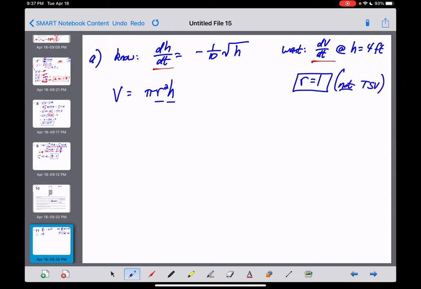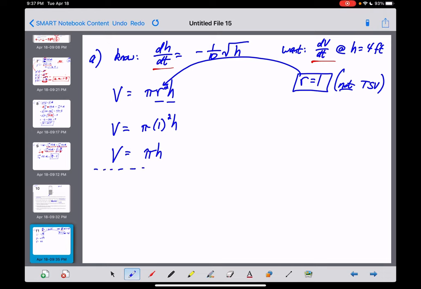No matter where we are with water in the tank, the radius is always going to be 1. So pi times 1 squared times h means that volume is just going to be pi times h.